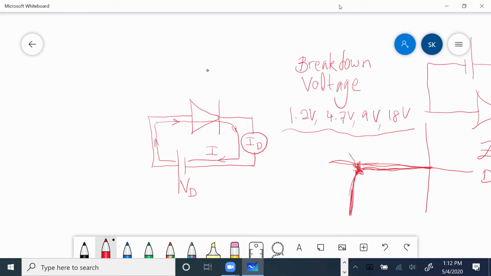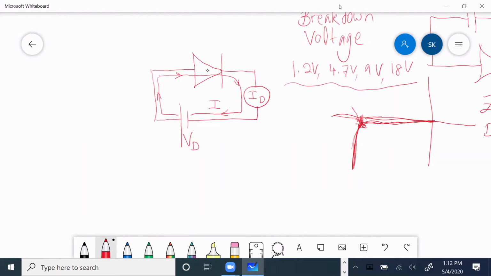But then, as soon as this voltage is reversed, this is VD, then this current I will be 0.